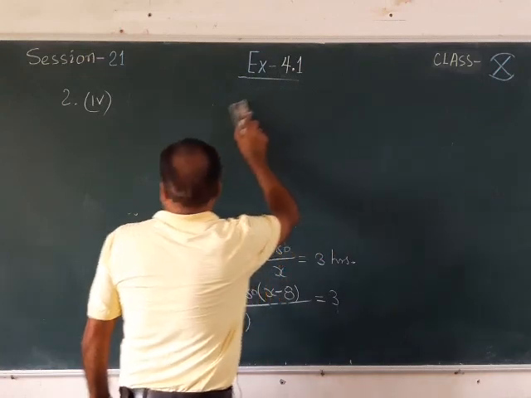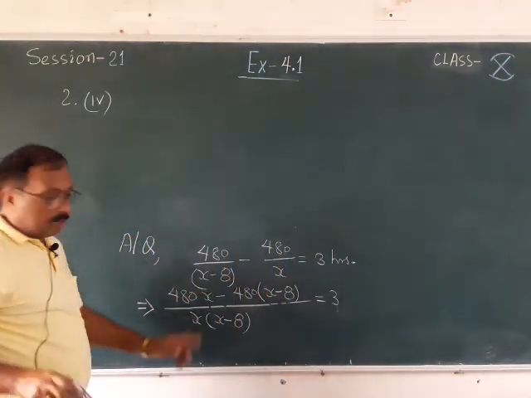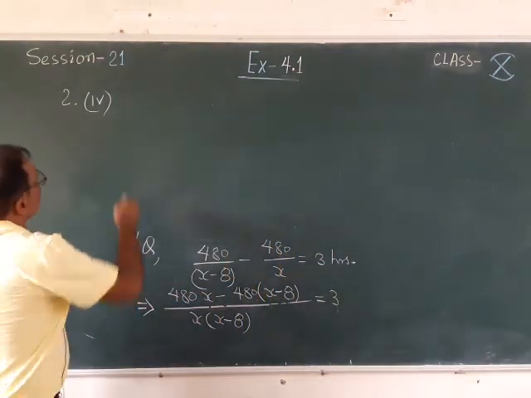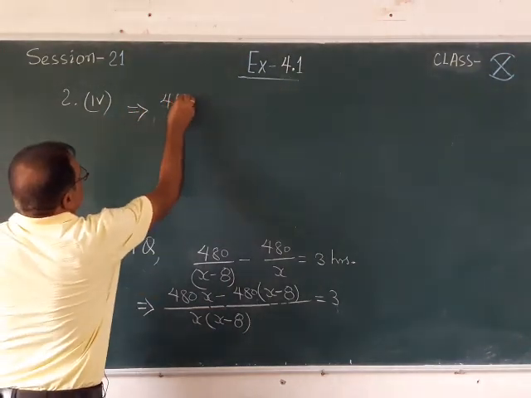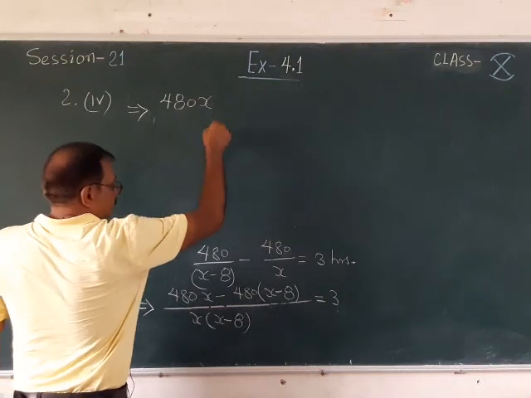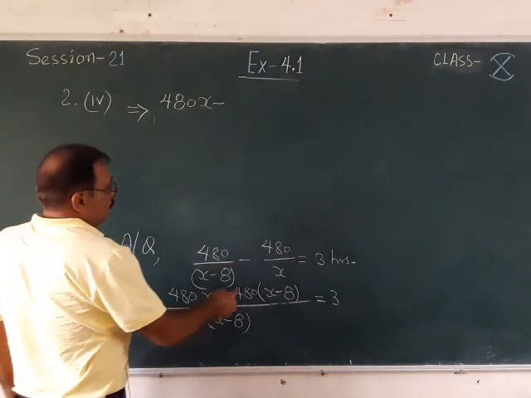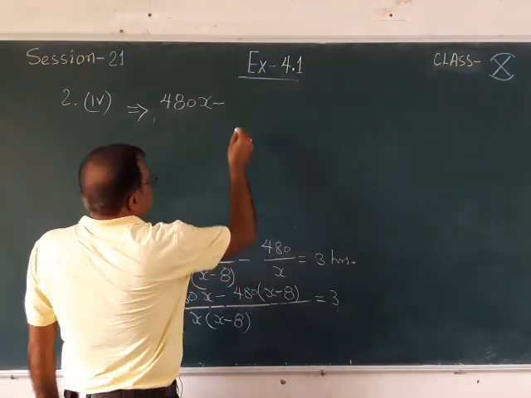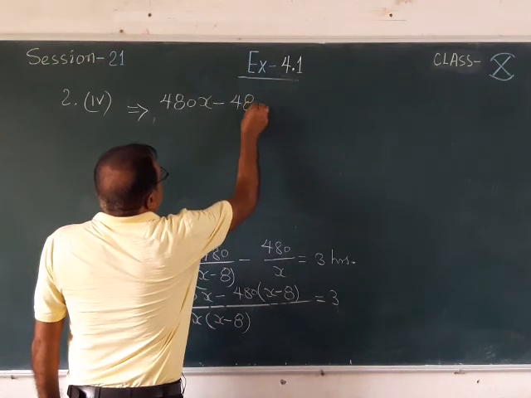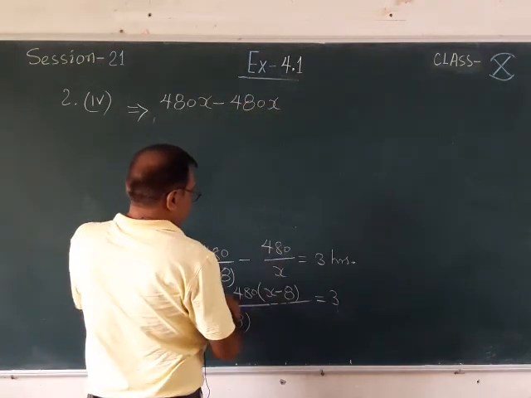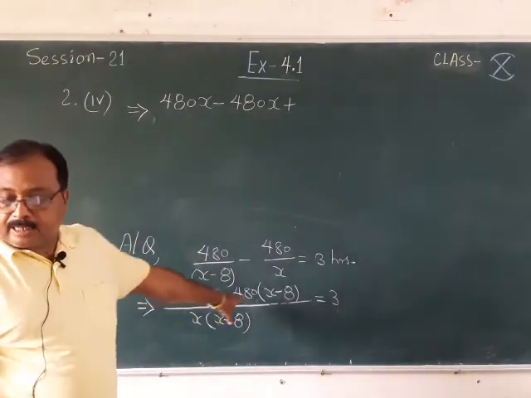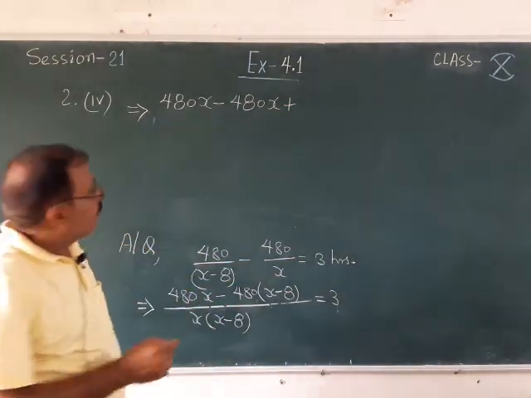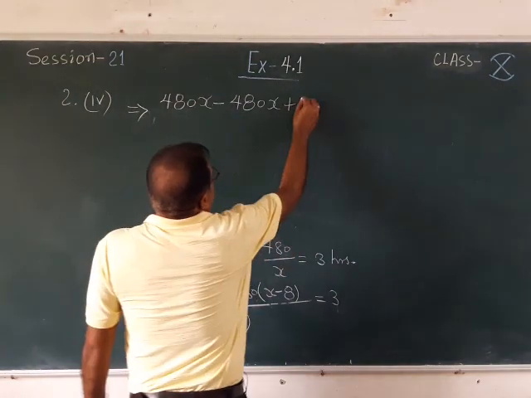Till here you have done it. Now if you want to carry on solving, here it is 480x minus again 480x, and then minus and minus becomes plus. Now 480 multiplied by 8 will give you 3840.